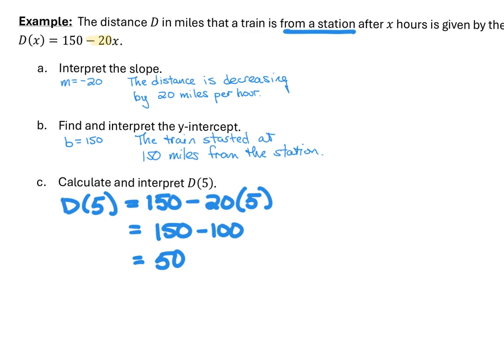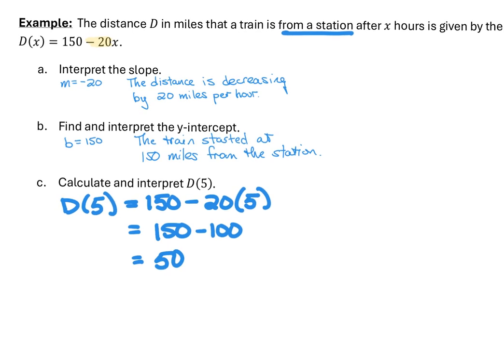All right, so now we want to interpret this. Remember, 5 was our x value. So after 5 hours, the train is 50 miles from the station.